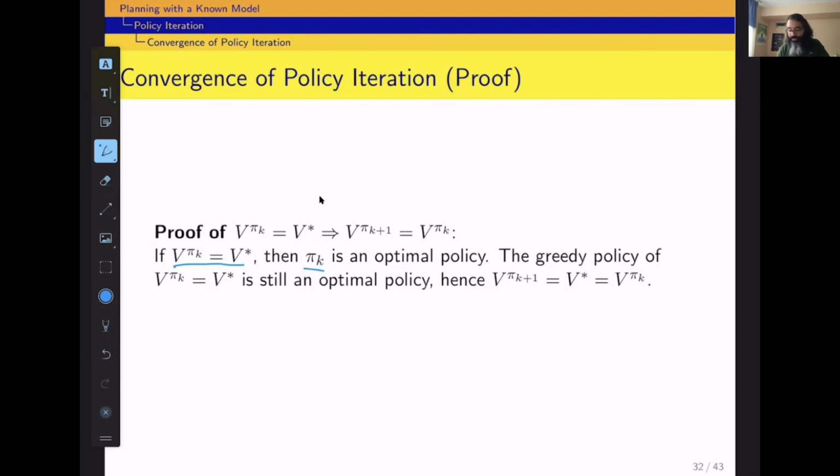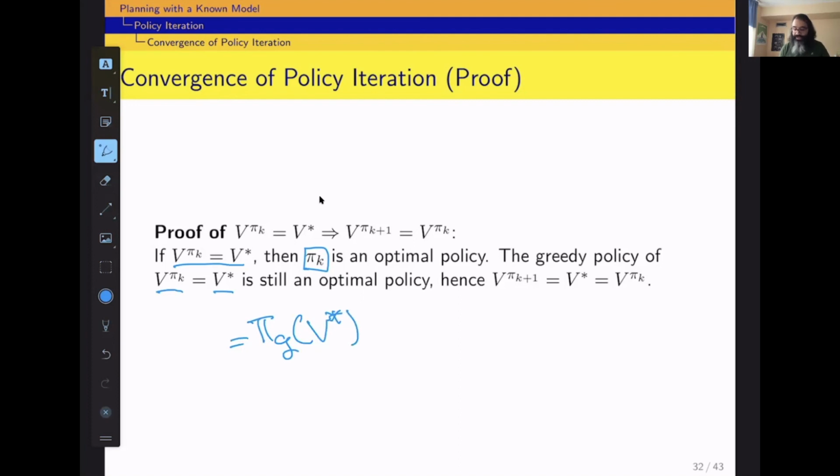So pi k, the policy k, should already be an optimal policy. And then the greedy policy of V pi k is the greedy policy of the optimal value function, and the greedy policy of the optimal value function is an optimal policy. So if we have a greedy policy of V star, that gives us a pi star.